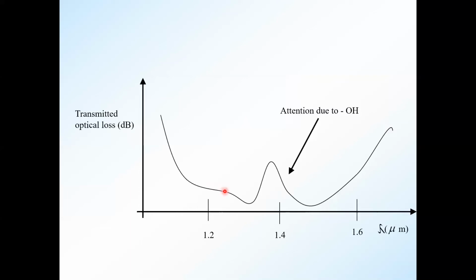You will come across these terms when we are talking about networks: 1330, 1550, 850. 850 normally is only for LAN network, but when it is long distance communication, it is 1330, 1550.